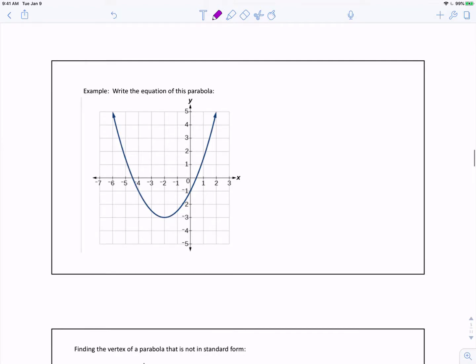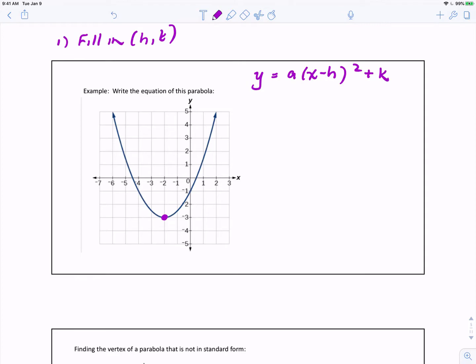Write the equation of this parabola. The first thing we're going to do is look at standard form. Standard form is f(x) or y = a(x - h)^2 + k. First we fill in values for h and k, which come from the vertex of the parabola.